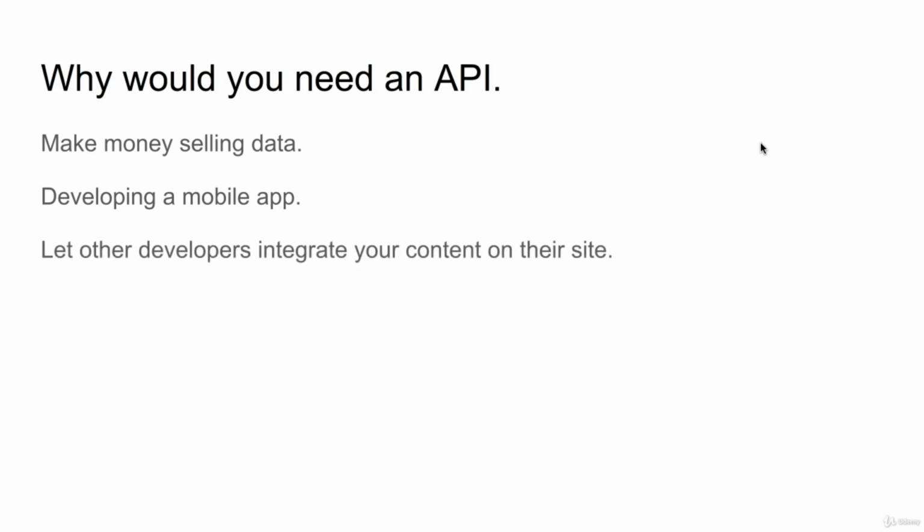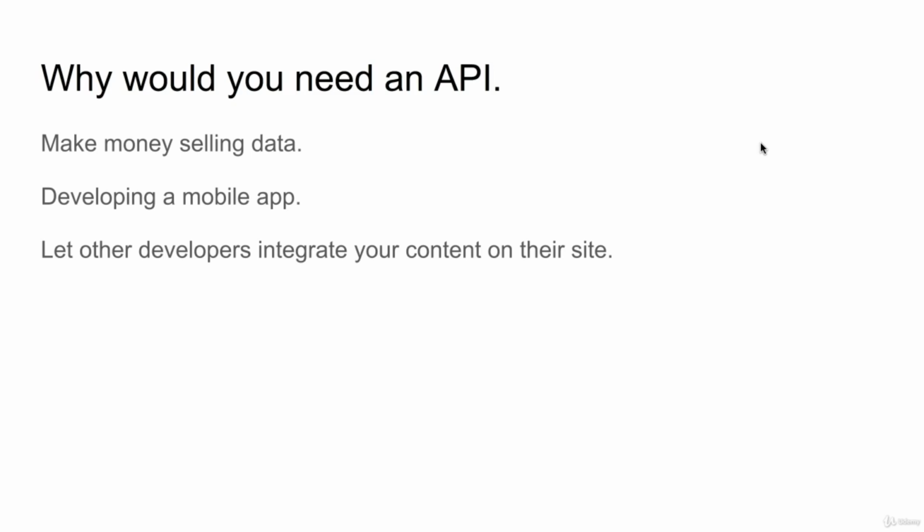And the third reason is to let other developers integrate your content on their site. By making use of an API, you can allow other developers to integrate your site content onto their site. And you can not just allow them to integrate content, but an entire functionality of your site into some other people's site, or a third-party site.